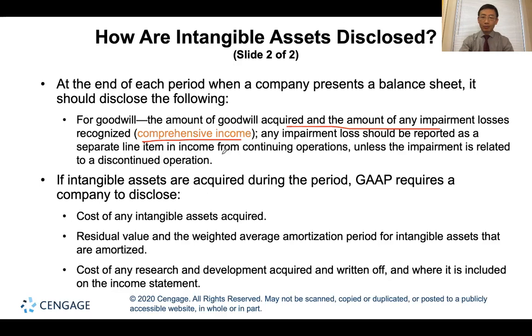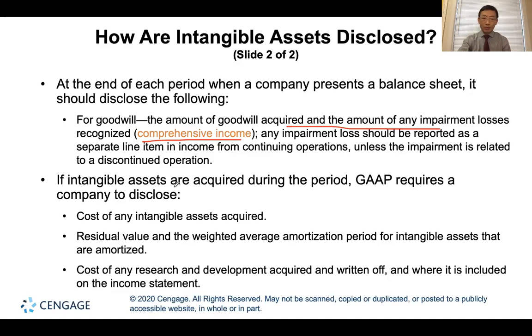This kind of disclosure is to avoid misleading, because this kind of losses and gains are very different from the regular operating income. So it's separately reported as a comprehensive income.